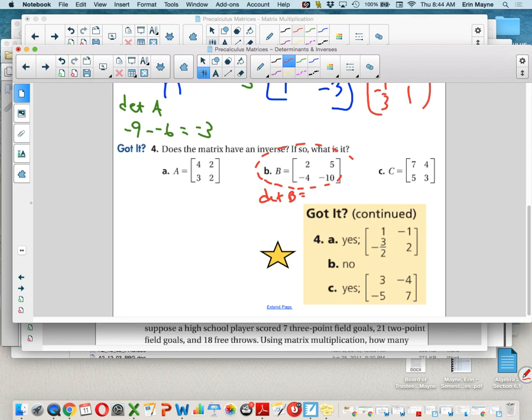How do you find the determinant there? Negative 20. What is that? What do I conclude? No inverse. Okay? I found the determinant. It's 0. No inverse. A, what is the determinant? 2. Find the inverse.